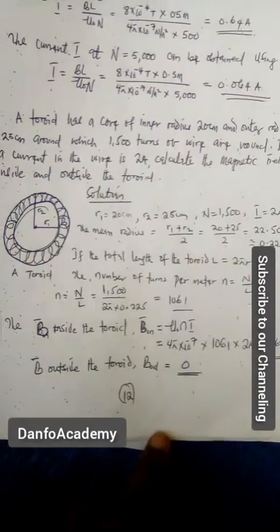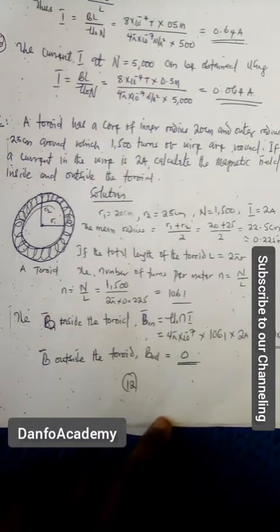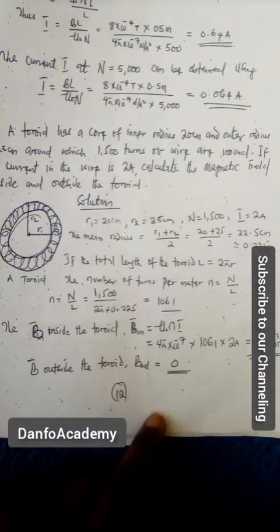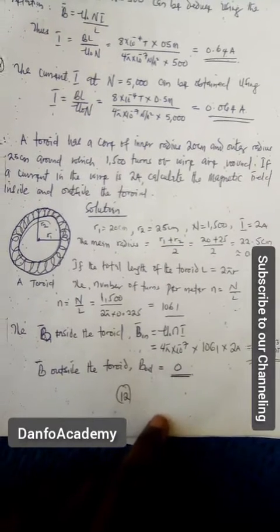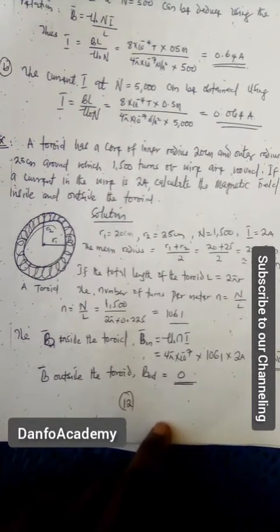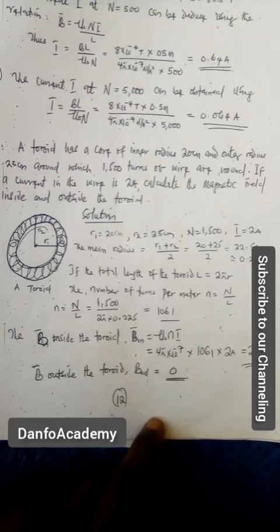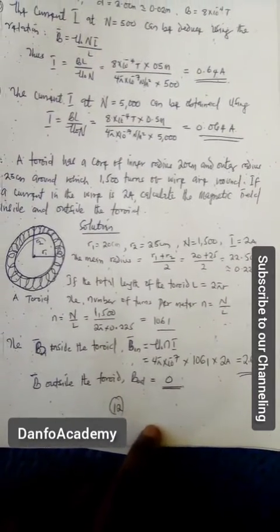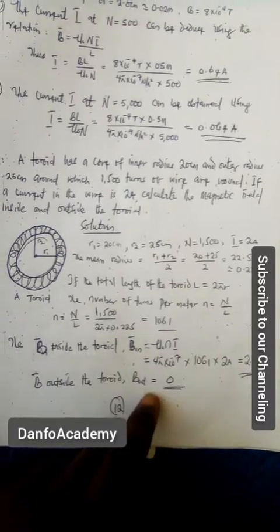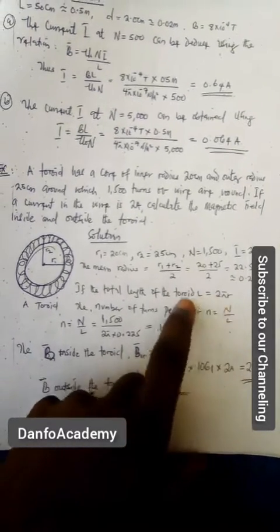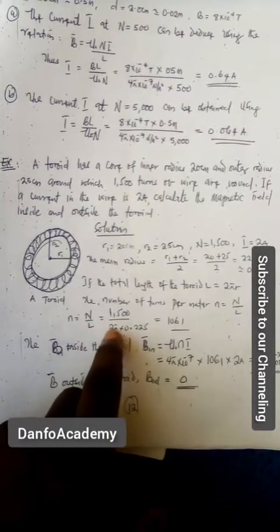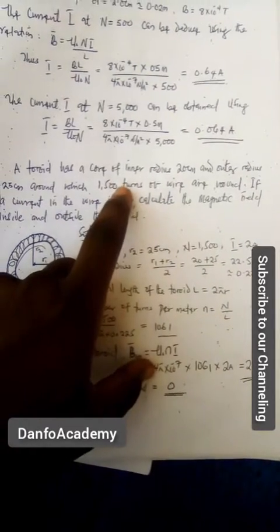Now looking into this second question over here, there's a small thing about this which has an inner radius and outer radius. You add the inner radius and the outer radius, then you divide by 2. That will give you your mean radius. That's what you're going to use, and your length is 2πr, as you see here. And the number of turns per length will be N over L. That is, you're given 1500 turns.